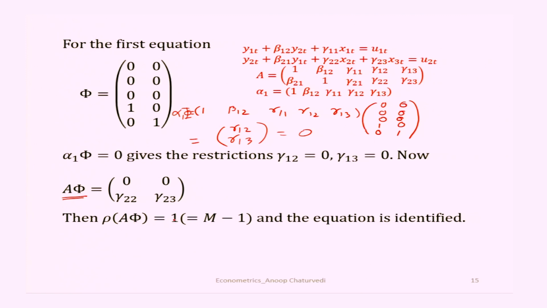So, what we do? First we obtain the matrix of restrictions, say capital phi corresponding to the first equation. So, that alpha 1 phi equal to 0 gives you the restrictions gamma 1 2 equal to 0, gamma 1 3 equal to 0. Then we calculate capital A phi, and then we obtain the rank of capital A phi. Now, the rank of capital A phi is equal to 1, and this is equal to m minus 1, and this shows that the equation is identified.